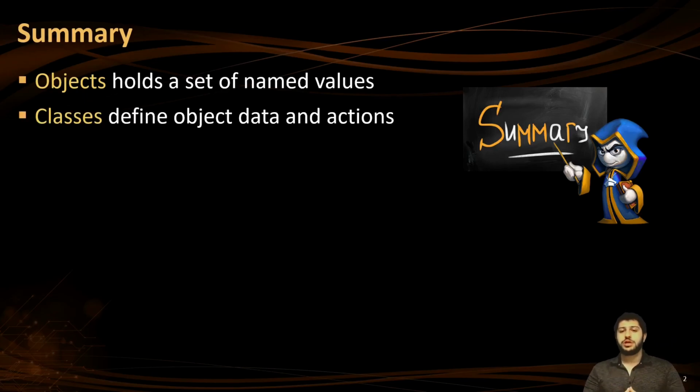Now, what is a class? The class is a way to specify the structure of an object. So if an object is a named set of variables or values, the class is just a way to specify the structure of the set.